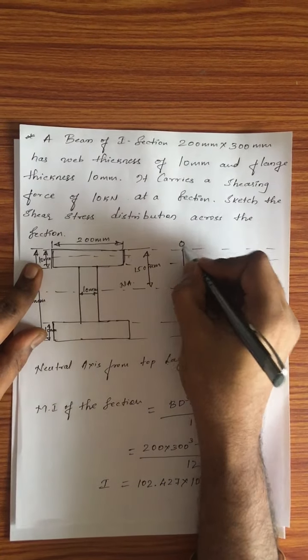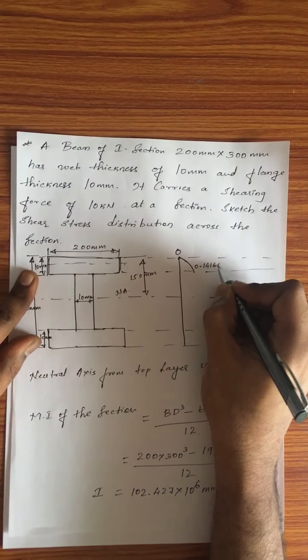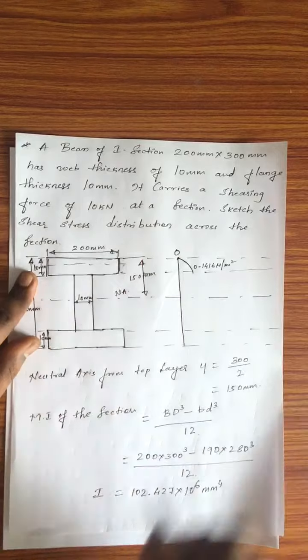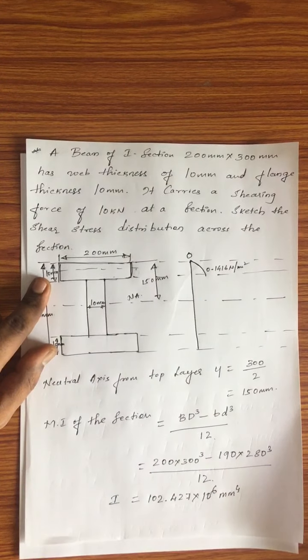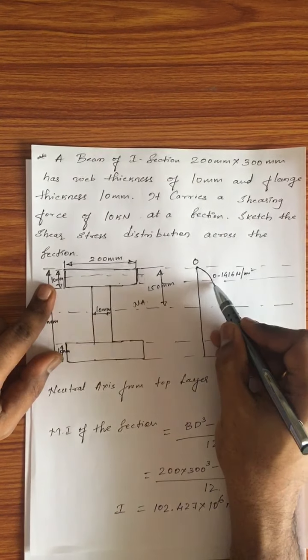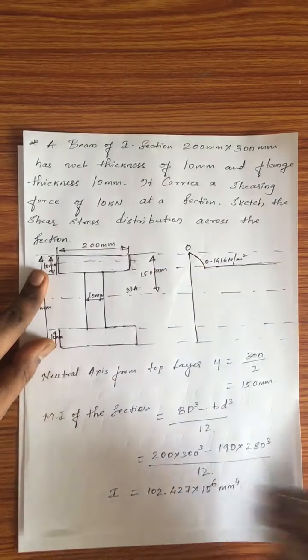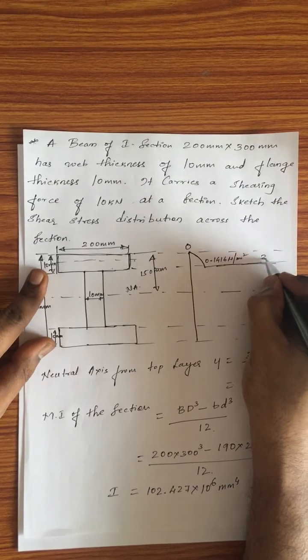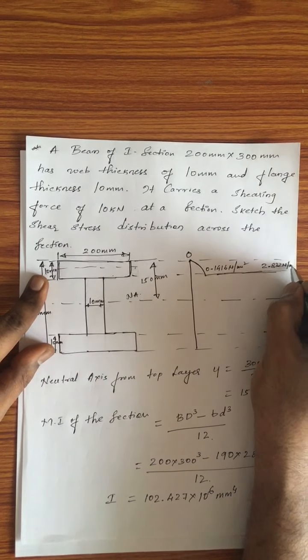This is 0 and this is 0.1416 Newton per mm square. Now, at the junction of flange and web, what happens is the shear stress increases, and from 0.1416 Newton per mm square, it becomes 2.832 Newton per mm square.